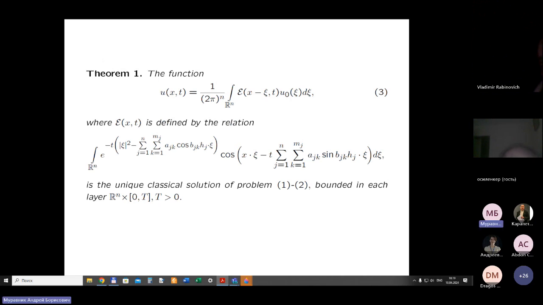The following results are obtained for this problem. Function 3, where E calligraphic of x,t is defined by this relation, is the unique classical solution of problem 1, 2, bounded in each layer R^n times the segment [0, T], where T is positive.